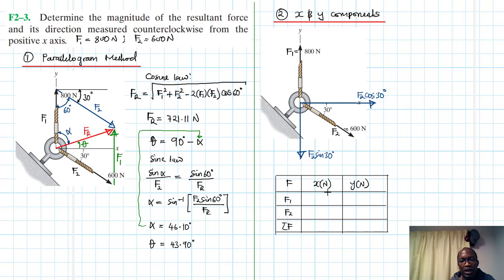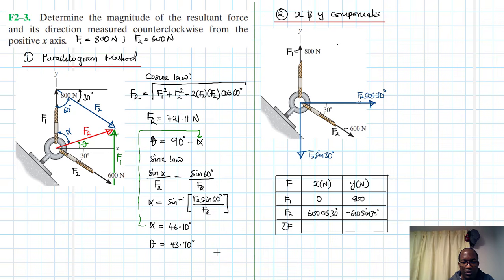For F1, the x component is 0, and the y component is 800. For F2, which is 600, the x component is positive 600 cos 30, and the y component is negative 600 sine 30.